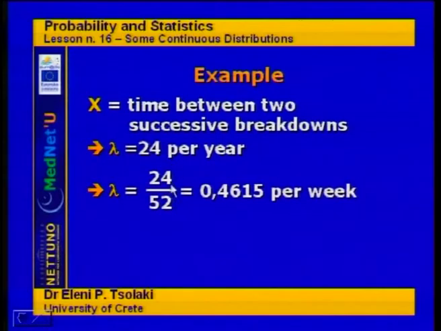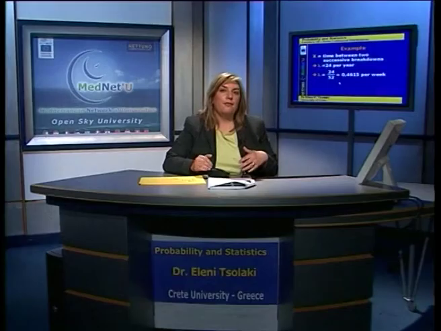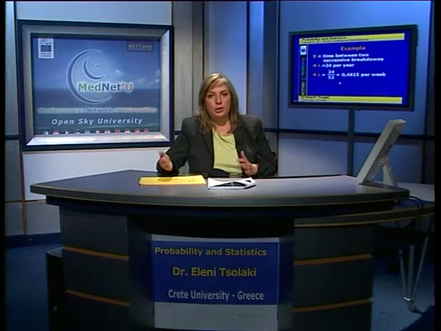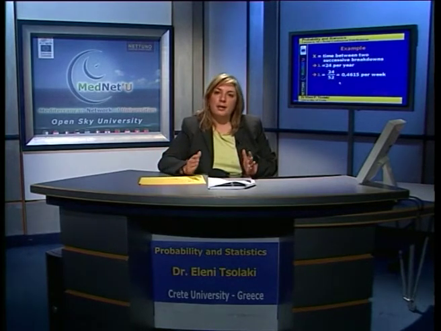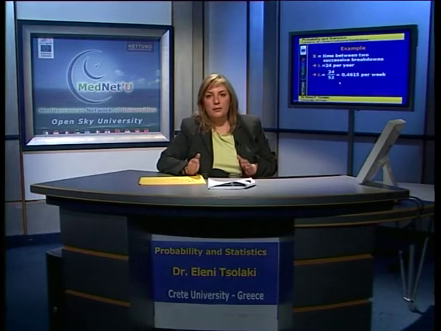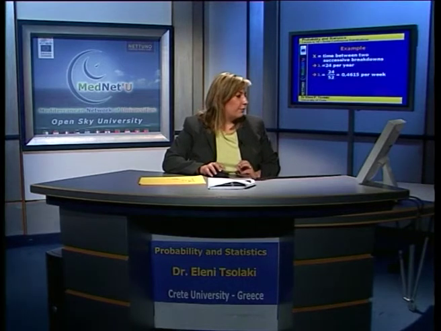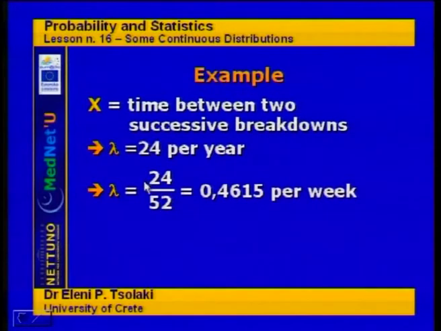We have to always be very careful with the exponential and the Poisson distribution that the lambda we are using agrees with the questions we are asking, that we measure in the same units. So we find here that our lambda is 24 over 52, which is 0.4615 per week.